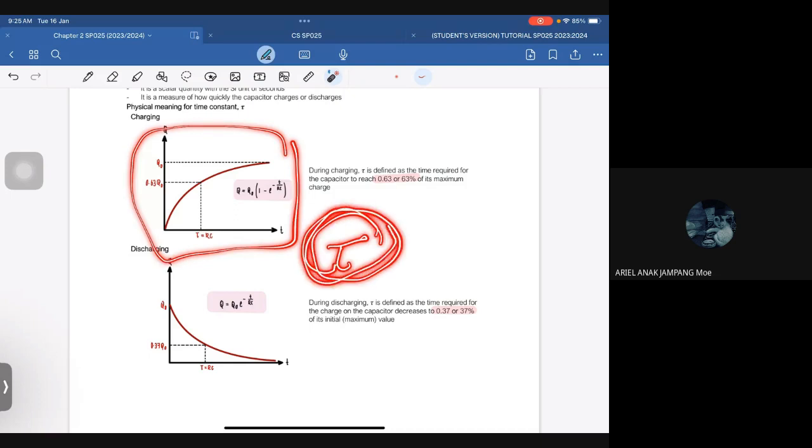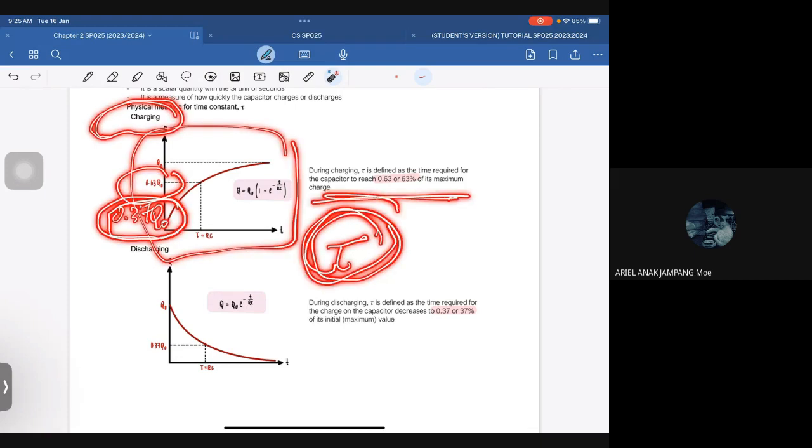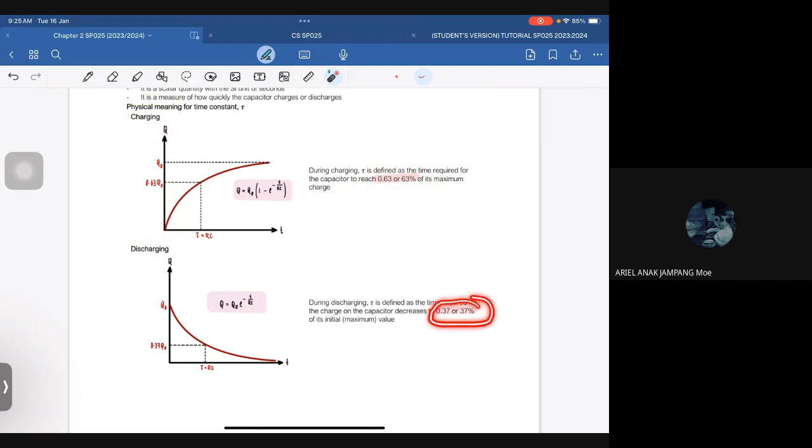Kalau dari graph dia boleh bagi kamu 0.63, dia boleh bagi kamu 0.37. Kalau kamu ambil 0.37, dia jadi salah sebab situation yang kita discuss now is for charging. So make sure kamu hafal definition time constant untuk charging is 63%, untuk discharging 37%. Yang tu wajib hafal lah.